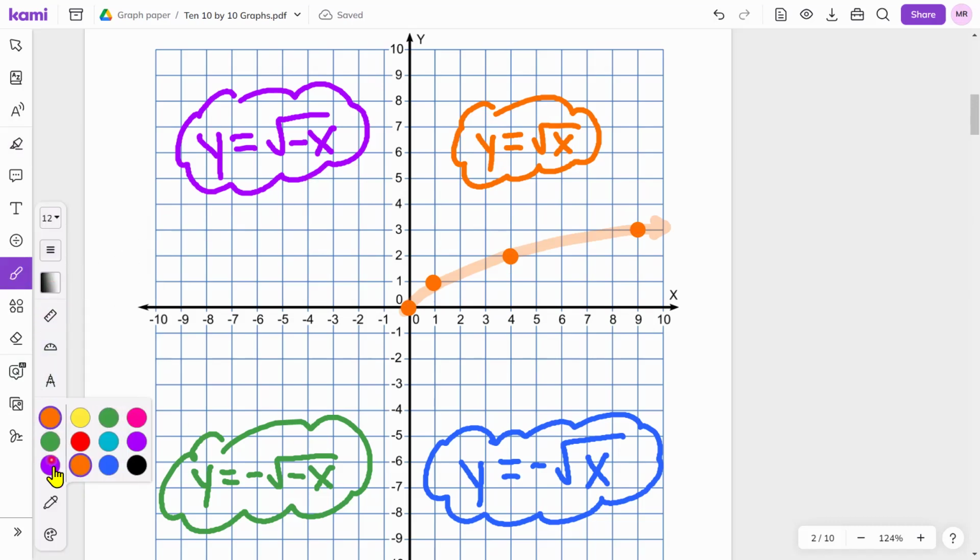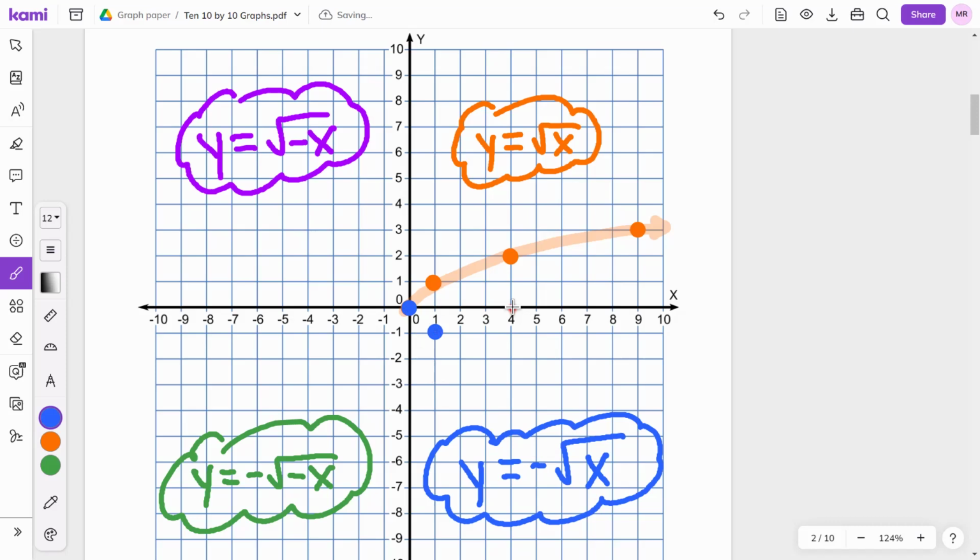Now, for this one here, I'm going to be getting the same results when I take the square root of 1 and 4 and 9, but then I'm going to times it by a negative. So the square root of 0 is 0, but 0 times a negative is still 0. Square root of 1 is 1, but when I times it by a negative, I get a negative 1.